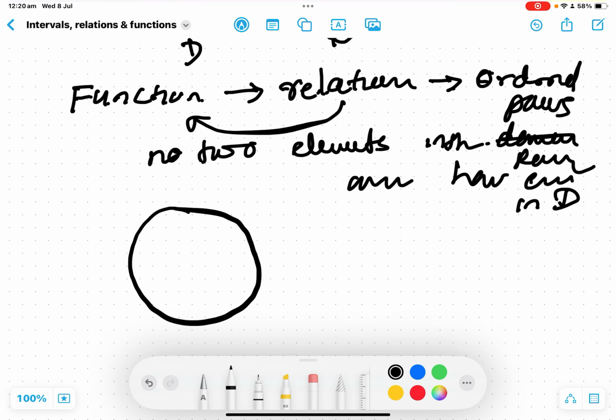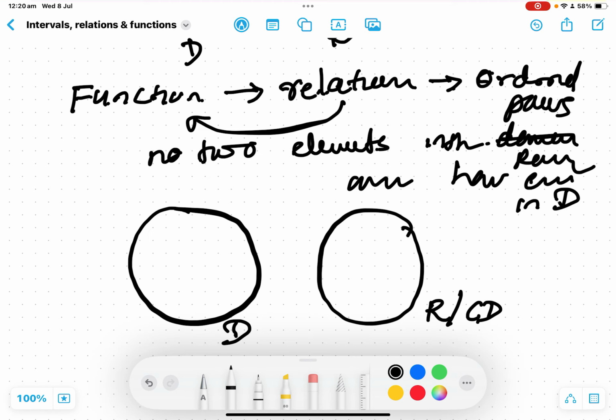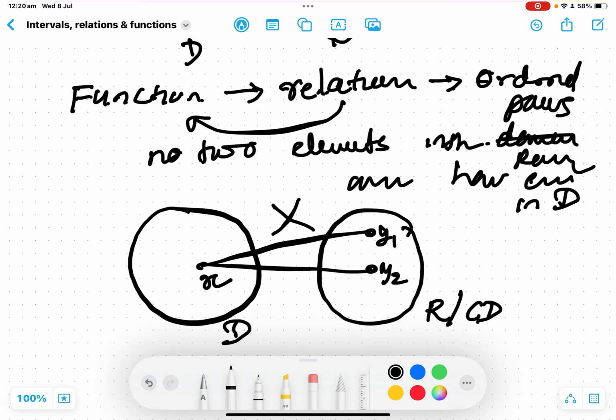So this is the domain, this is the range or the codomain. So the condition is there are two elements in the codomain or the range that cannot be matched to the same element in the domain. This cannot happen. So this is one to many. So one to many, this cannot happen.